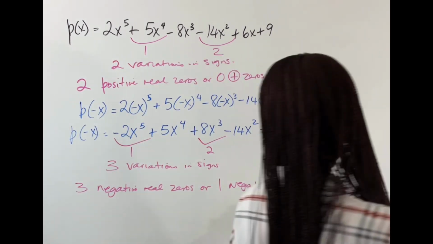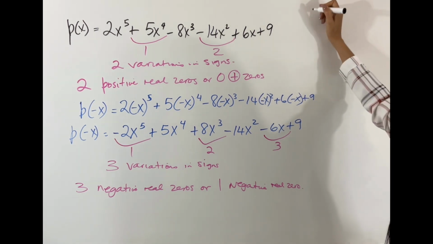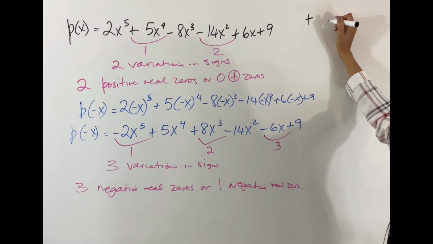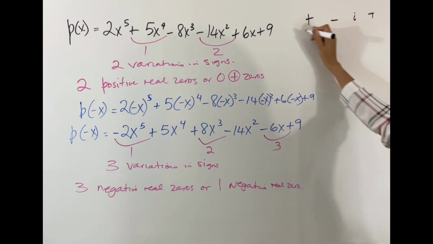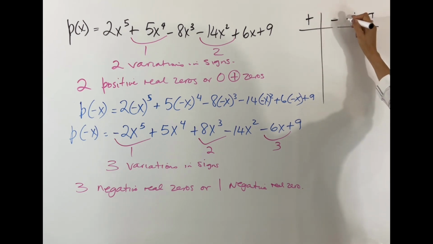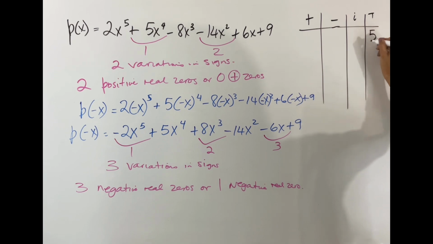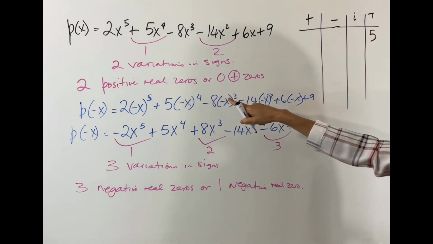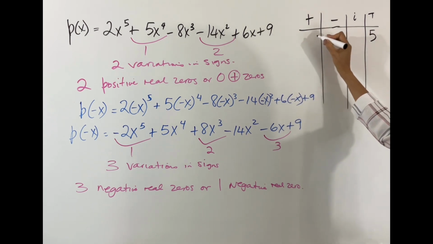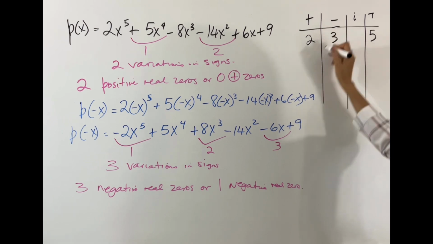So now that we have that, we can set up our column, and I will put a positive here, negative, our complex I, and our total. So our total should be 5. We already know that we should have 2 positive real zeros there. So we have 2, and then we would have 3 negative.